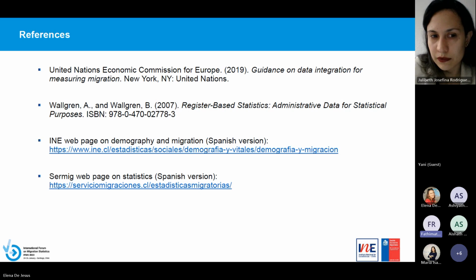Just a couple of questions to understand better how the process went about in using the administrative data. My first question is about the frequency with which you do the linkages with the different administrative registers. Is it on an annual basis or quarterly?